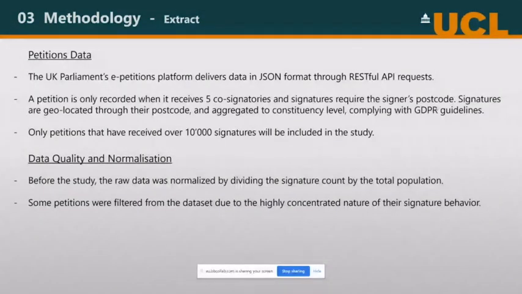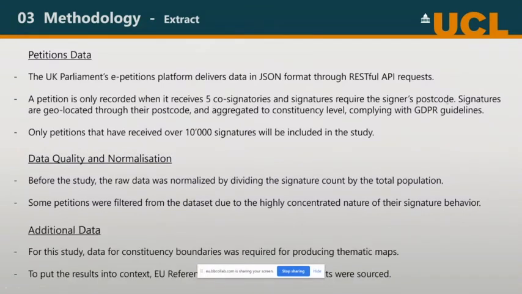That doesn't represent the entire country, as people in London are probably not going to be petitioning for an A&E centre in Huddersfield to remain open. And finally, for additional data, I needed a shapefile for constituencies in the UK, along with some information regarding the EU referendum and general election results.